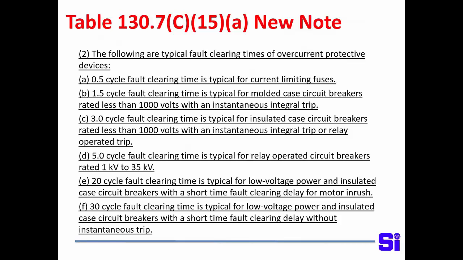Well, here are some typical times, and using words like typical, people interpret it different ways. Here's the way I interpret typical: maybe not always. You may possibly have a different fault clearing time than what this table gives you for any given overcurrent protective device. But you've got to use something. So these are typical, and if you're using the table method, you're estimating, and this is one way to help you estimate the applicability to your system.